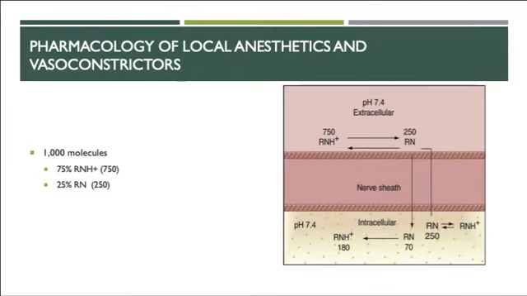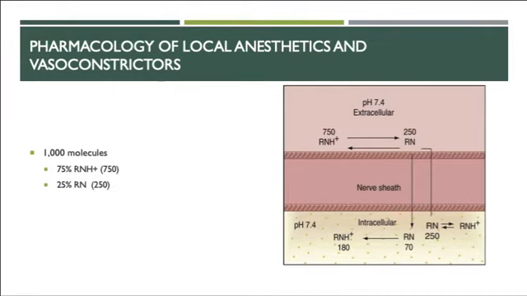Under these conditions, at a tissue pH of 7.4, the local anesthetic will be present in the following proportions. RNH plus will be at 75% and RN will be at 25%. This means that of the 1,000 molecules, 750 of them will be in the cationic form and 250 will be in this free base form.